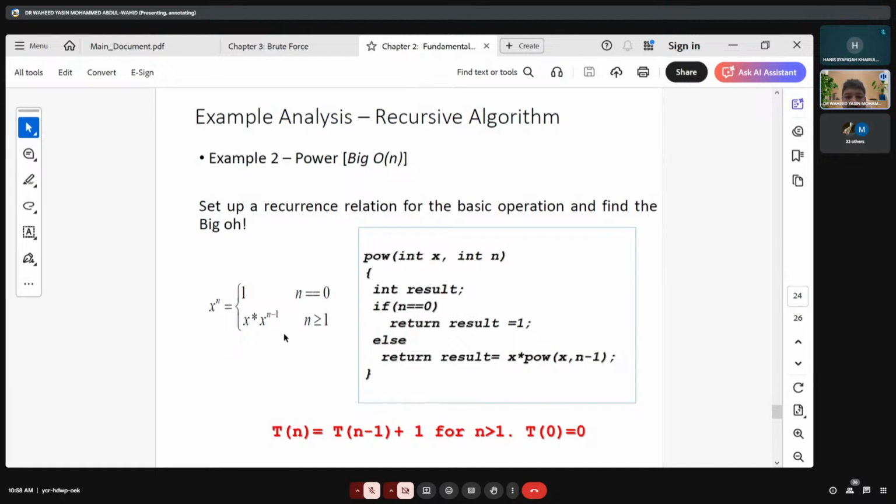So we have xn equal 1 if n equals 0, else x multiplied by x n minus 1. This is a recurrence of x minus 1. So if n equals 0, the result will be 1.